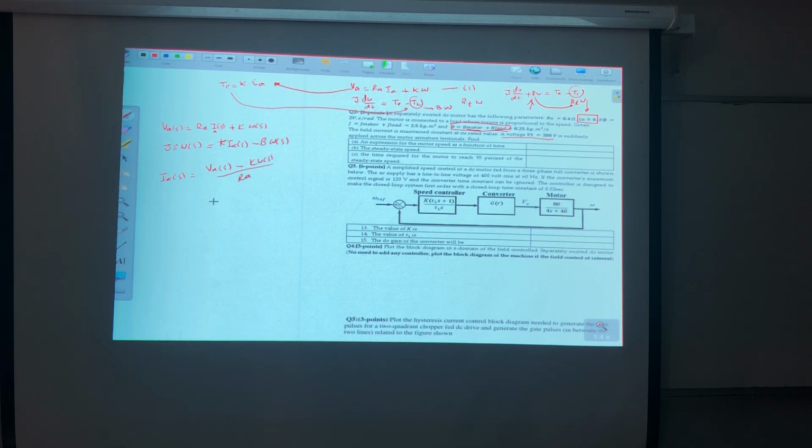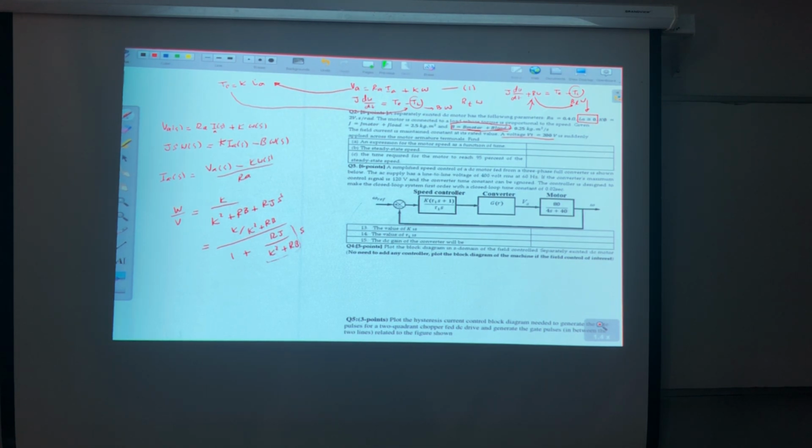Now if I substitute, I will get omega over V will equal K over K square plus RB plus RJ S. And now this can be written as K over K square plus RB, over 1 plus RJ over K square plus RB, S.